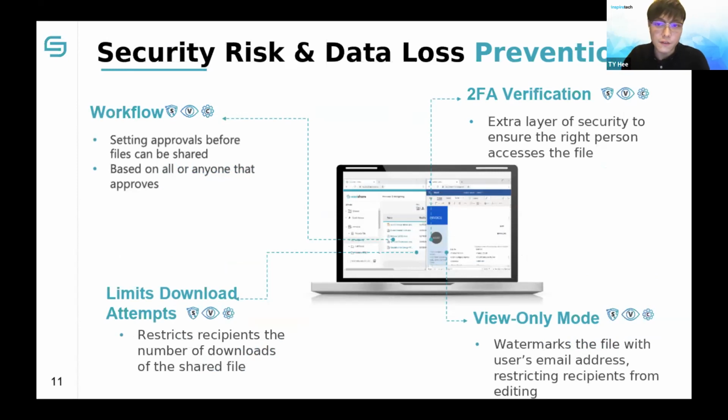When you share out your files, you can have 2FA verification as an extra layer of security to ensure the right person is accessing the files. You can also limit recipients' download attempts, and use view only mode, where they cannot edit or download it. Of course, there will be a watermark just in case someone wants to take a picture of the files that you sent.